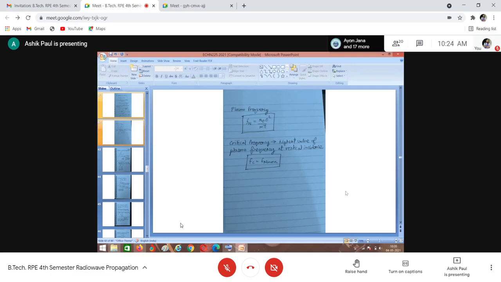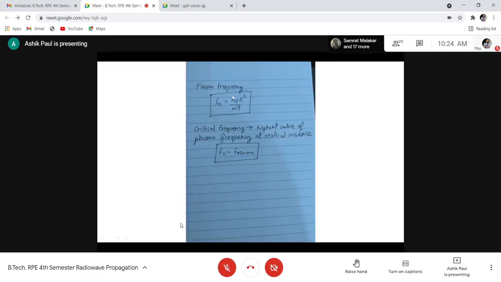It is equal in value to the plasma frequency associated with that. So the critical frequency is nothing but the highest value of the plasma frequency at vertical incidence. The plasma frequency depends on NE, so at different values of NE it will have different values, and for vertical incidence, the highest value received is the critical frequency.